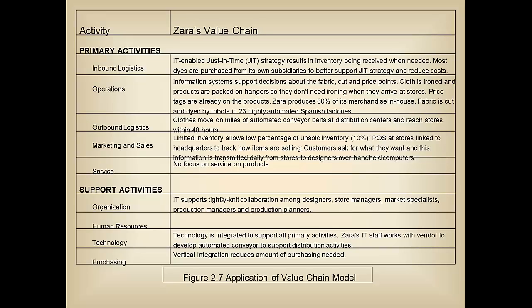Zara's IT staff works with vendors that help develop those automated conveyor belts and other information system activities. Nowadays the IT department doesn't develop software in-house, or at least not very much of it.